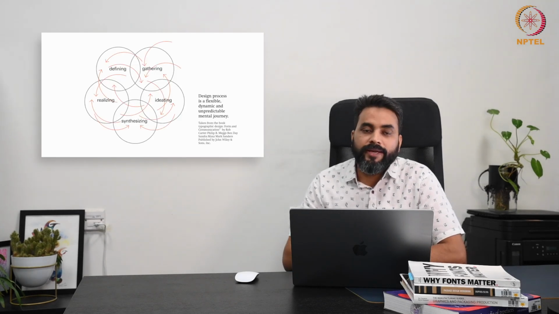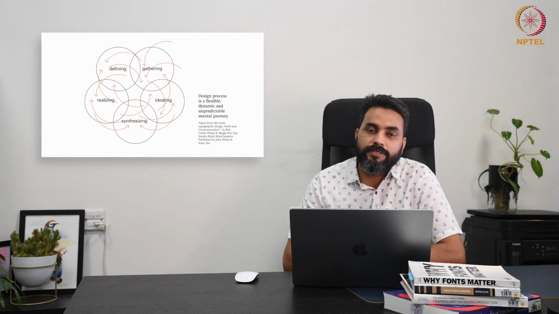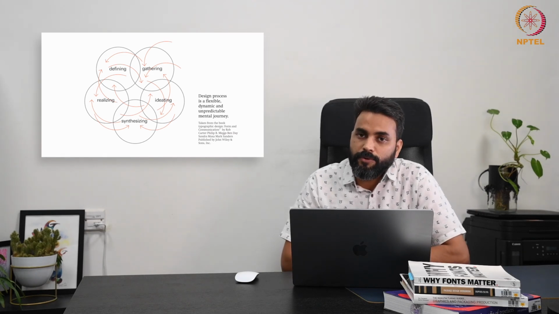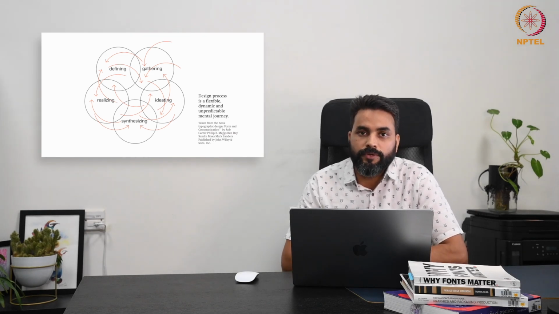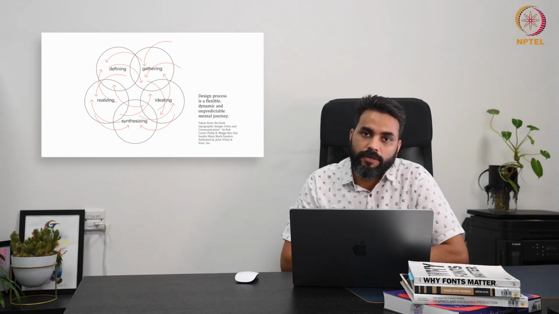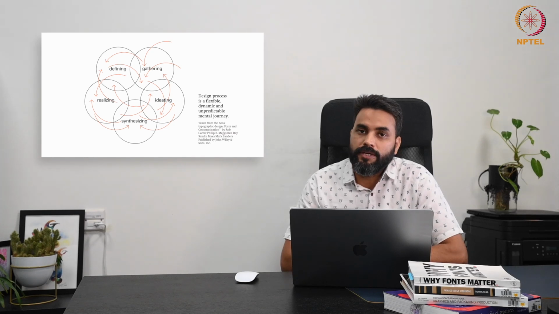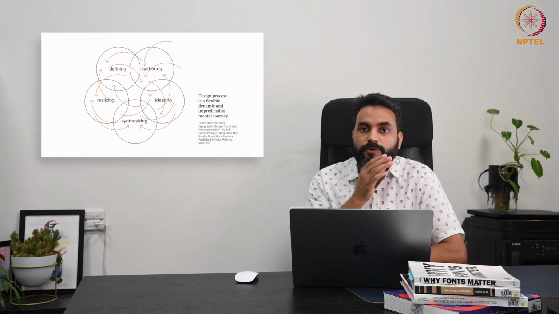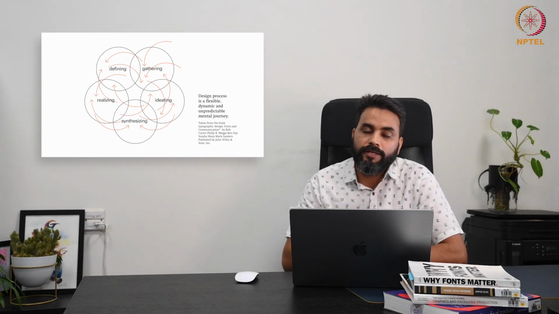But before we move ahead, though we have discussed the design process earlier as well, let us look into the design process again to understand how it works. In previous sessions, many times it was just a linear process where we discussed one step followed by another, and then finally you reach the final stage.